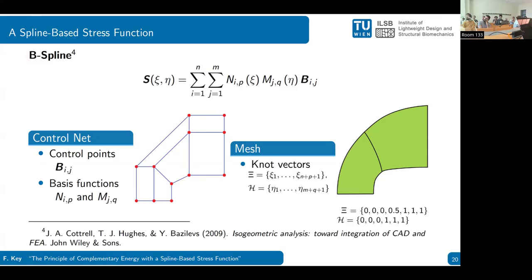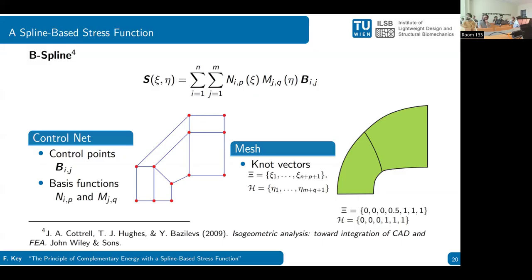For this you have a so-called mesh, defined by the knot vectors. In both parametric dimensions we have knots which define the mesh. I think it's better to understand with this specific example.